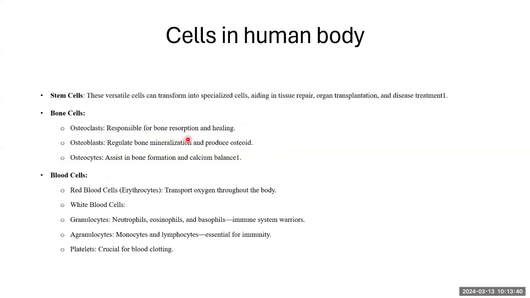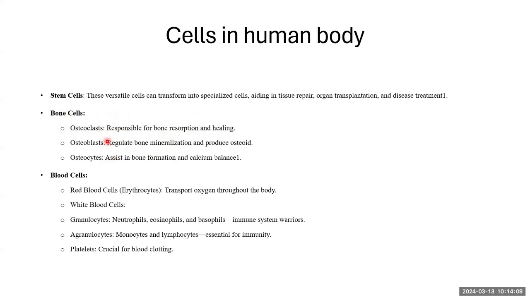What happens during malnutrition? Osteoclast activity becomes more, and they start dissolving or resorbing the bone more, and release all the minerals present in the bone into the blood. Osteoblasts are active throughout our life, but they are well managed.